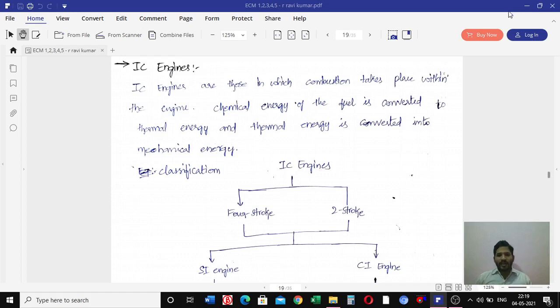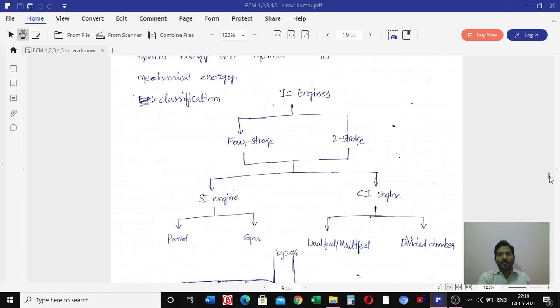The classification of internal combustion engines. The internal combustion engine is broadly classified into two types. The first one is the 4-stroke engine and the second one is the 2-stroke engine.